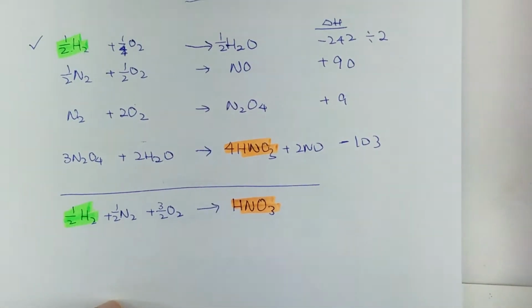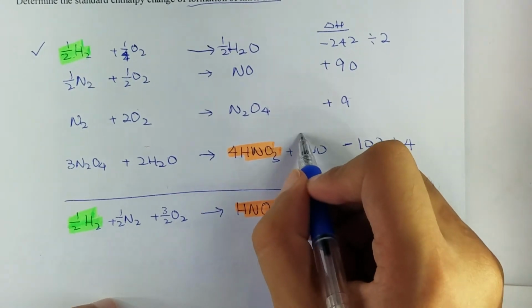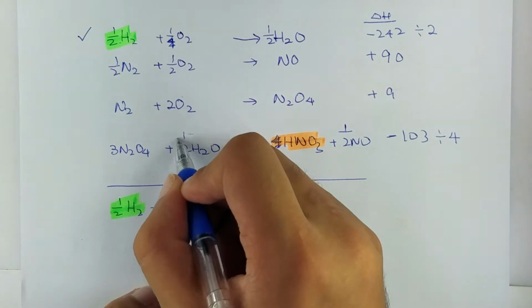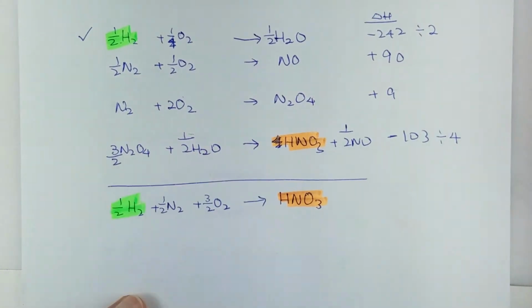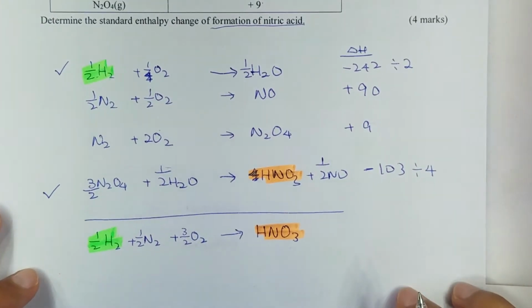So we have to divide the whole equation by 4. So this one becomes a half, this will become 1, this will become a half, and this will become 3/2. And this equation is done.